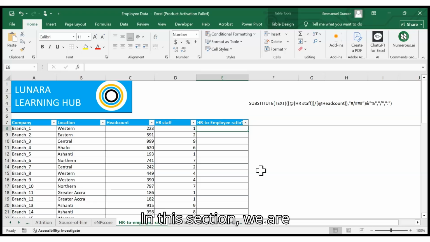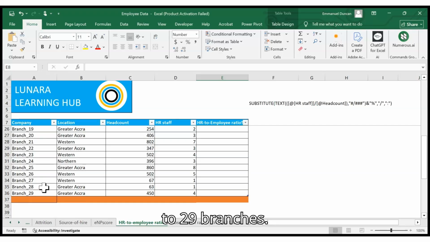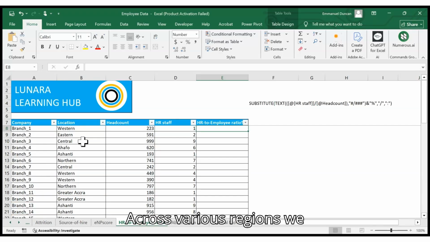In this section, we are going to look at how to calculate HR to employee ratio. We have our data set here, the company and its branches, from 1 to 29 branches across various regions.